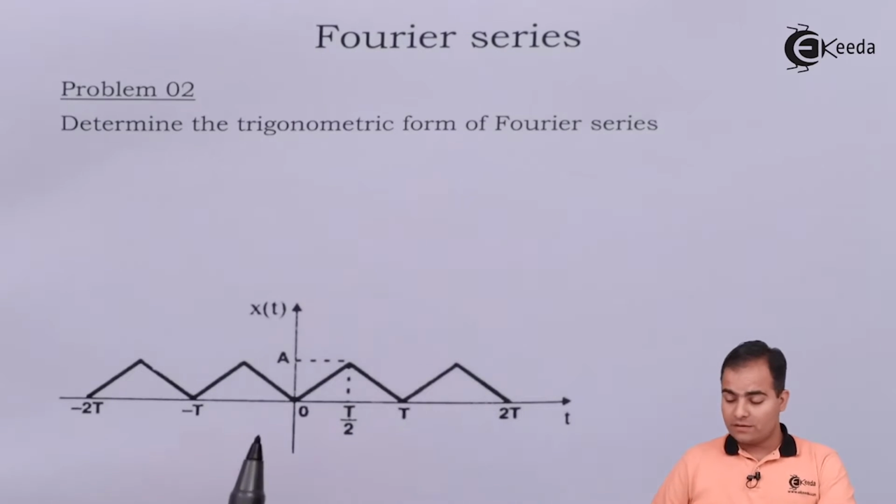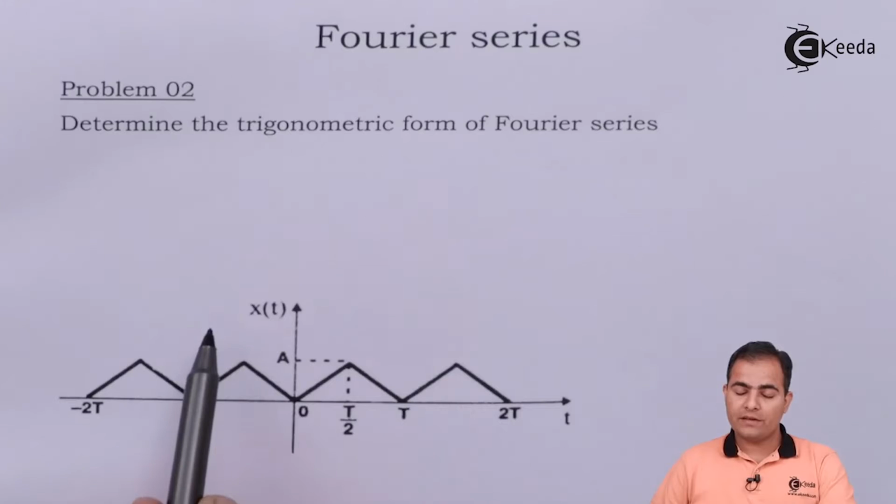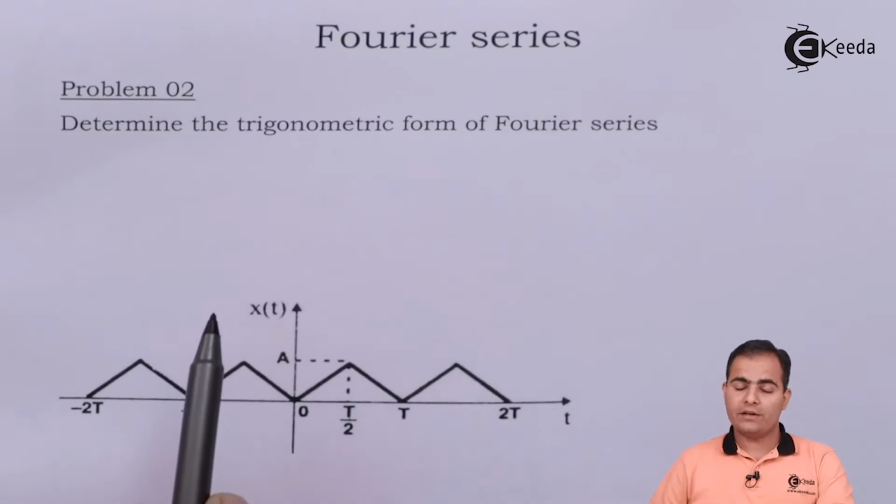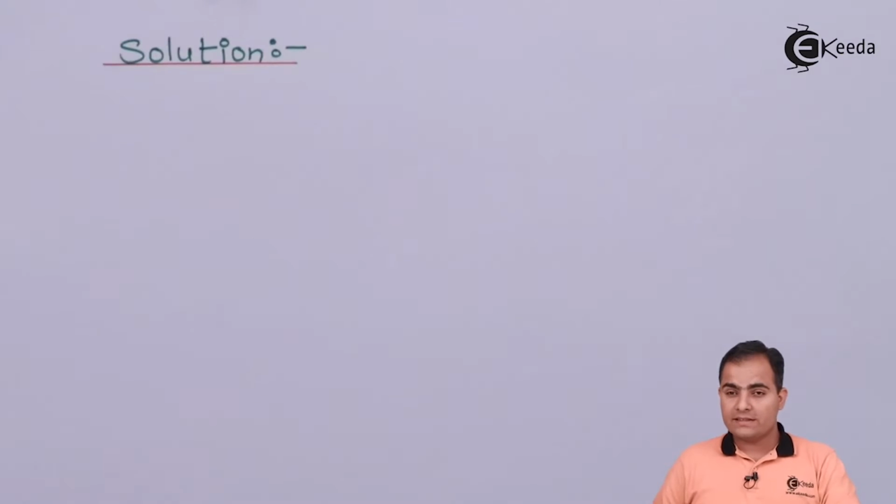First of all, we will write the equation of x of t, and then we'll move on to a naught and an. As I said, my x of t has even symmetry, which means we will have only an and a naught values, and my bn value is 0.